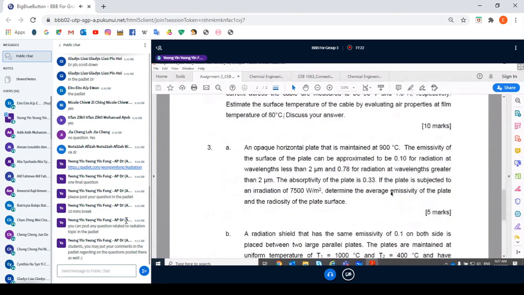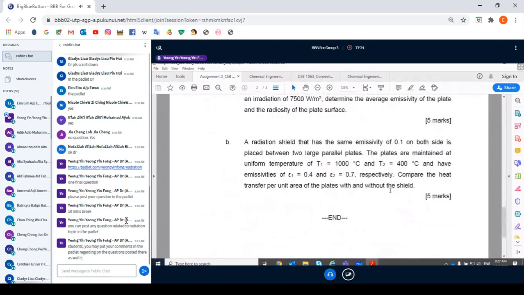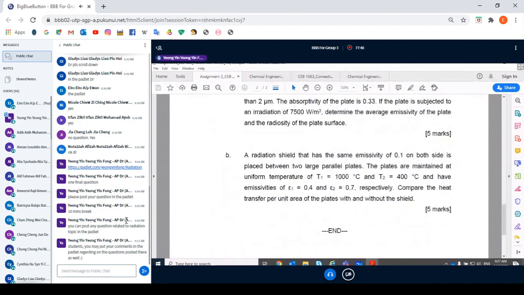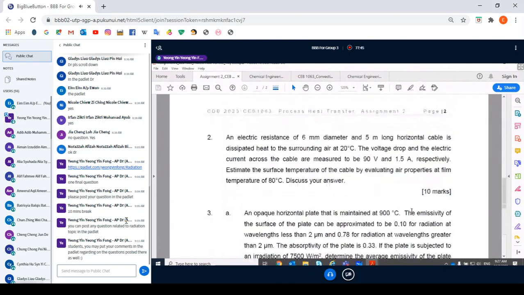Okay, question number three, straightforward. No question on that, I believe. By looking at the solution that you posted in the Padlet, I guess everybody can answer these two questions. Just in order to get the full mark, students, compare and discuss your answer.